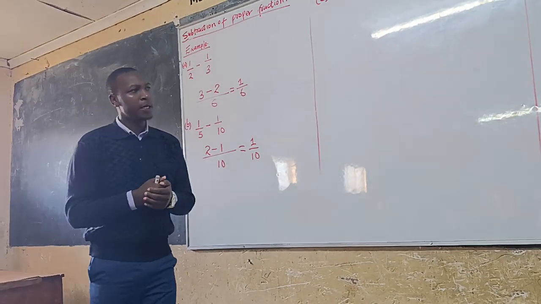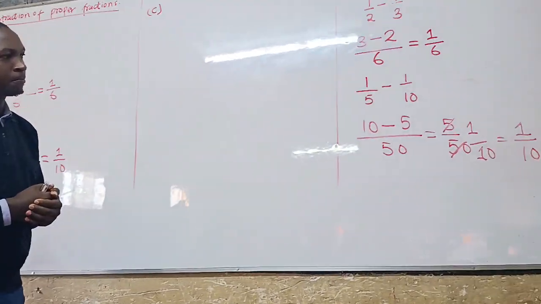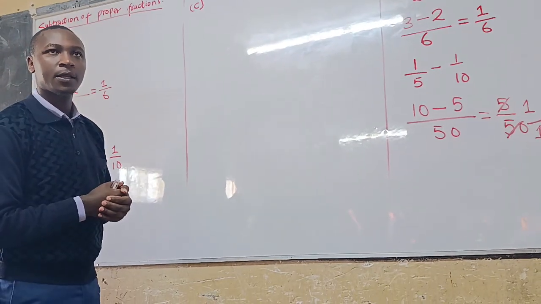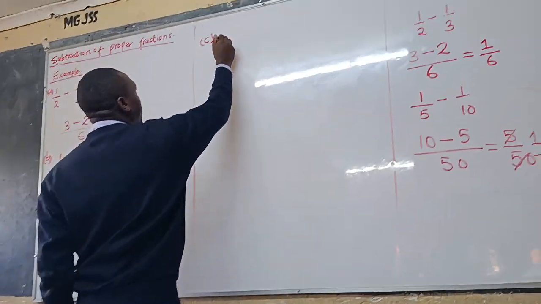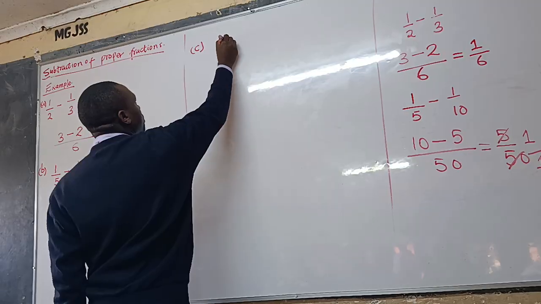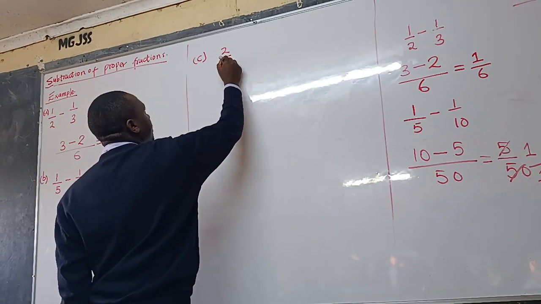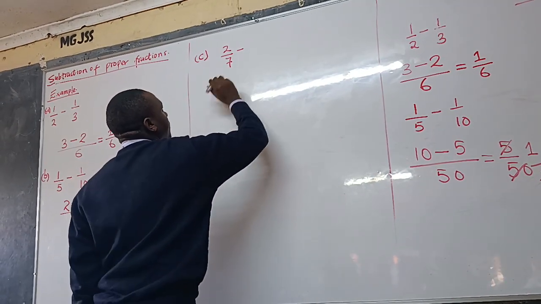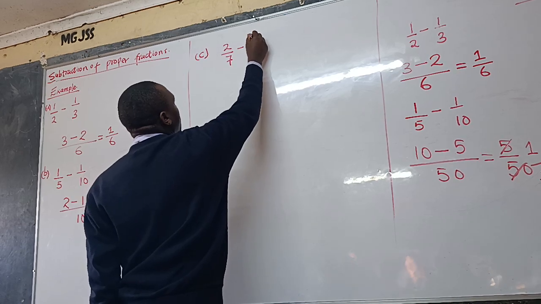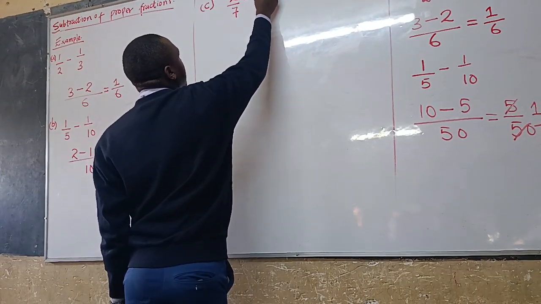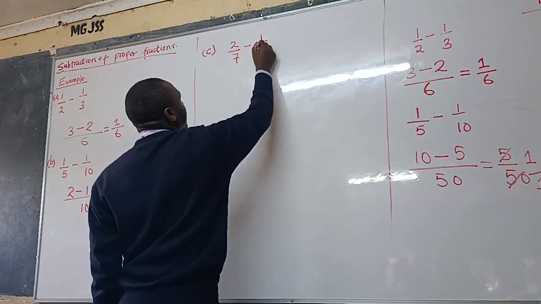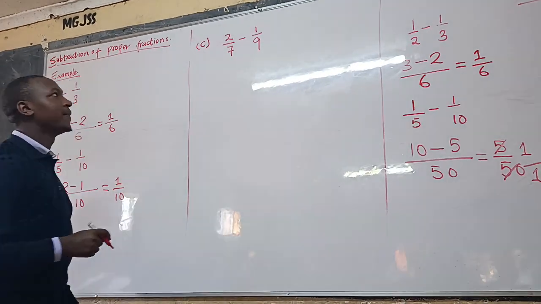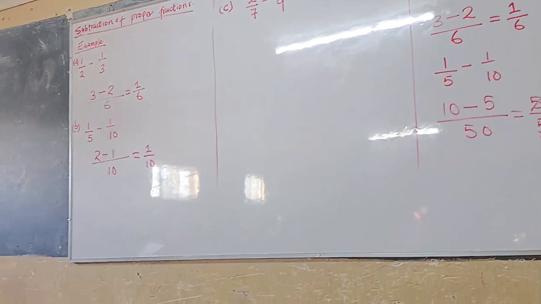So here we have another example. Let me do another example like 2 over 7 minus 1 over 9. Yes. 2 over 7 minus 1 over 9.